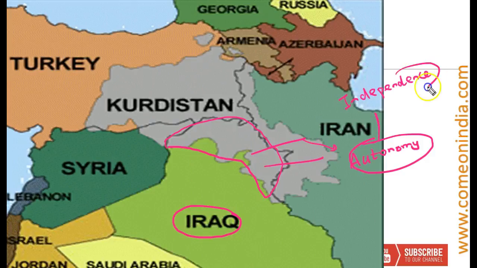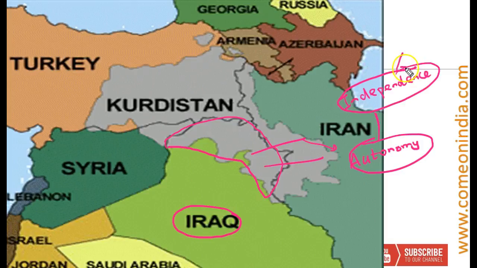So the province signed an agreement with the federal Iraq government, and at present this region is an autonomous region. Autonomy is different from independence. How will you differentiate between autonomy and independence? Independence is complete freedom.